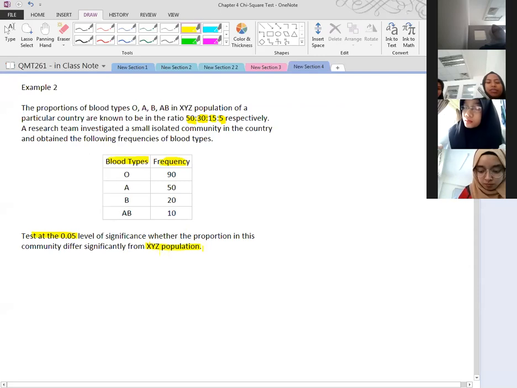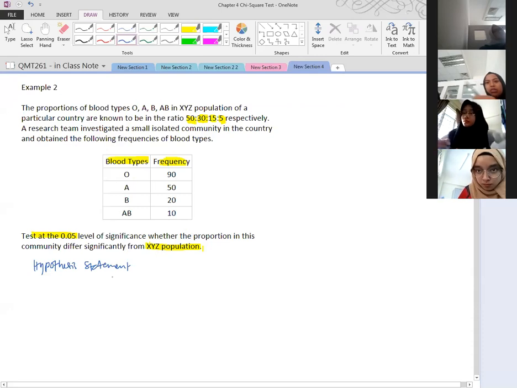Now the hypothesis statement will be a bit different because we have proportions here, right? For blood type O, 50 over 100, so this should be equal to 0.5 or 1 over 2, right?